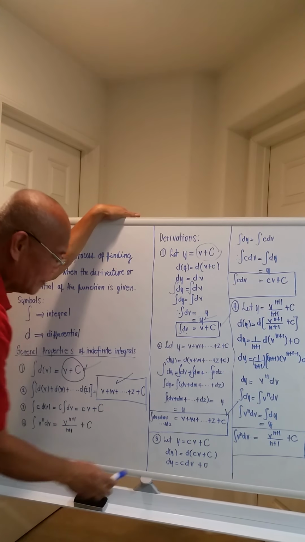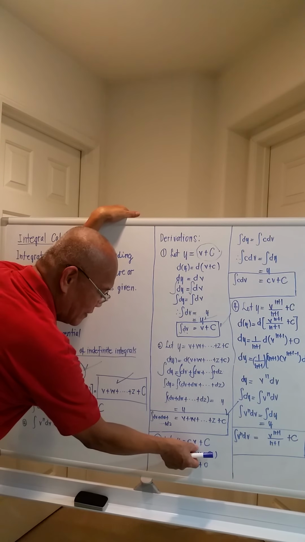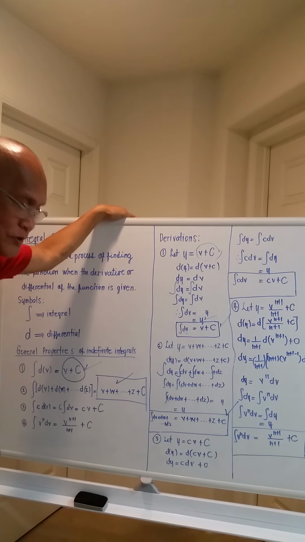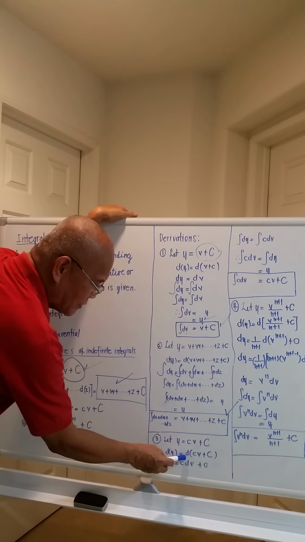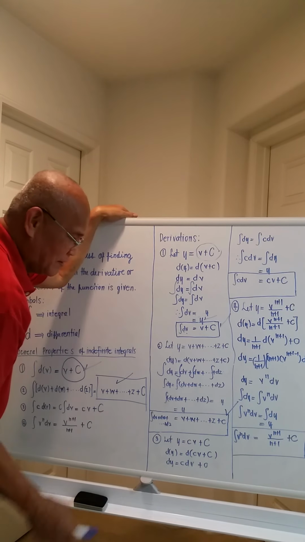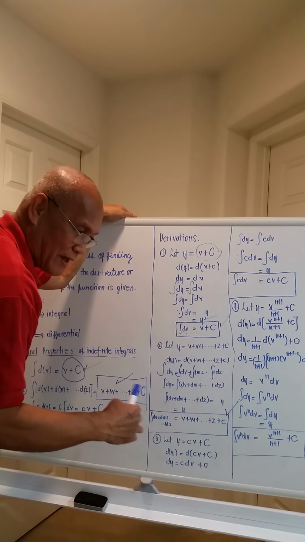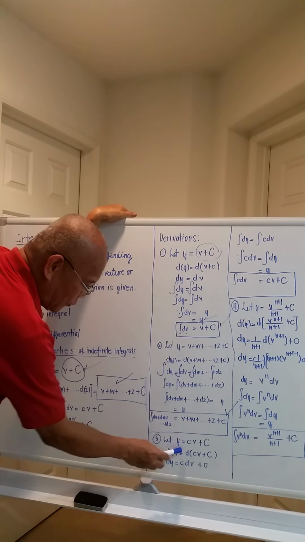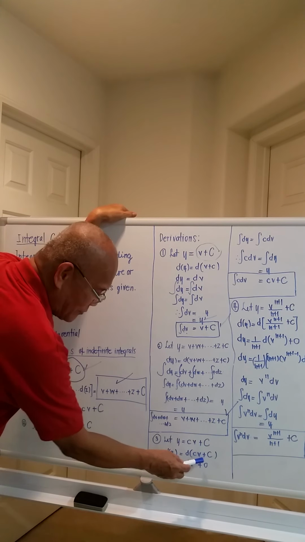Okay, let's proceed with number 3. For number 3, we let y equal to small letter c times v plus capital letter C. Take the differential of both sides. The differential of y equal to the differential of the quantity cv plus capital letter C. Then take the differential or derivative of the right hand side individually. Therefore, the differential of y is just dy. First one is constant times the function.